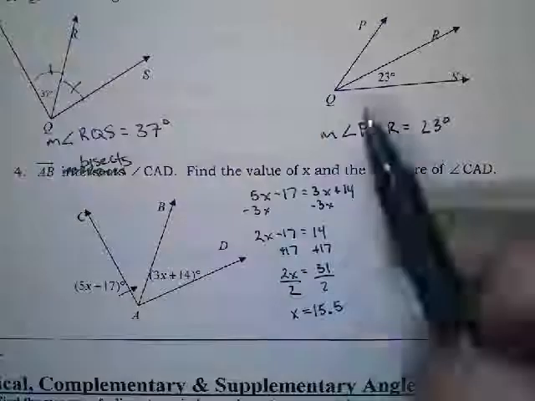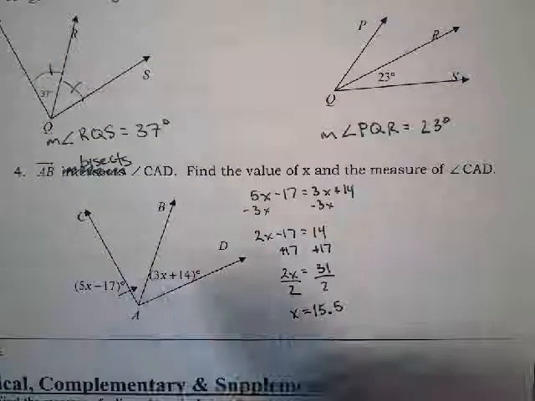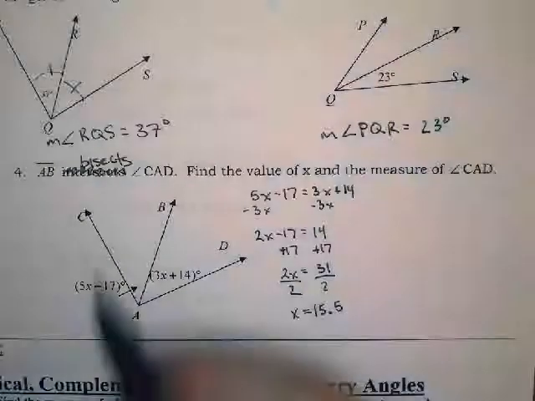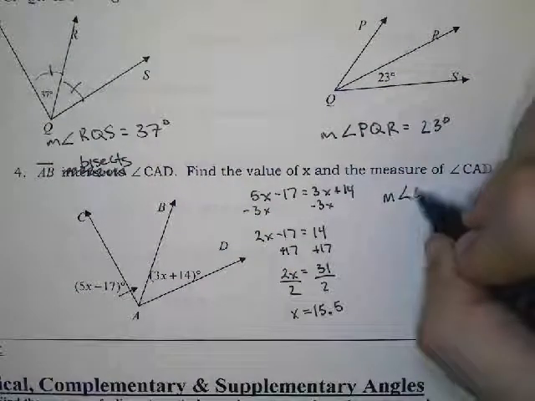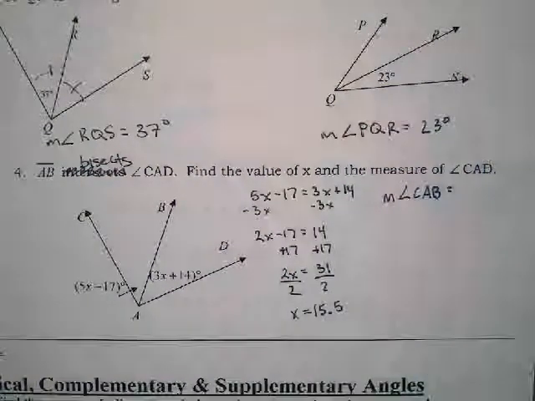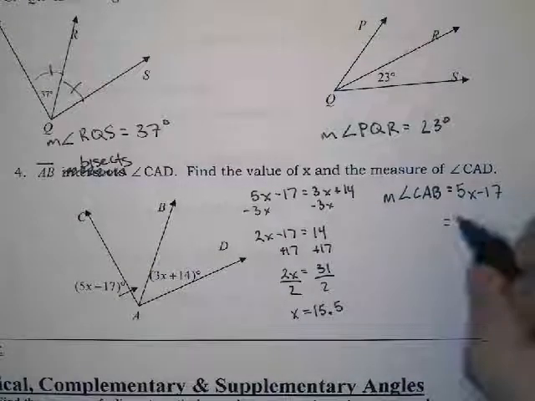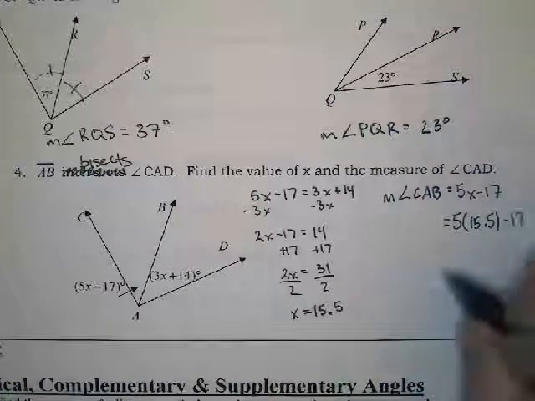Now if I plug in x to either one of these equations, let's see what we get. Well, let's just choose CAB. So I know measure of angle CAB is equal to 5x minus 17. So we'll have 5 times 15.5 minus 17.